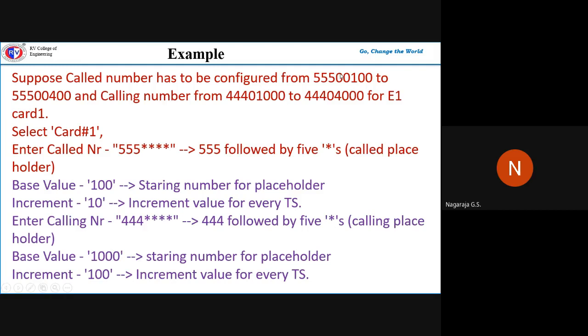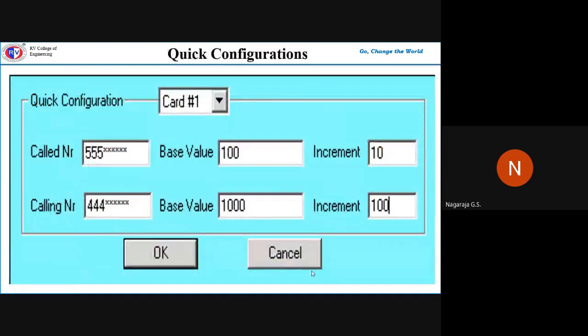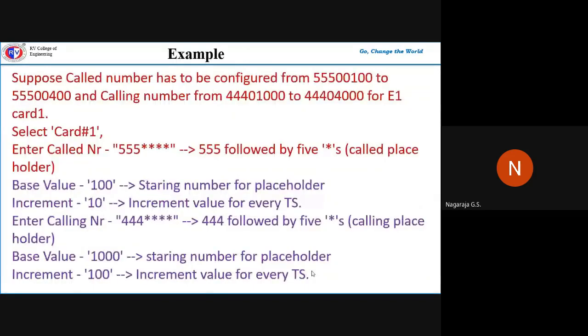If you have changed any configured values, those values are going to be reflected over here. Then select card 1, and you get the card number details, base value, whatever you have set, increment value, calling number, base value, and the increment value. The entire details, whatever you have entered earlier, are going to be reflected. So this is the report example you get from the ISDN emulator.